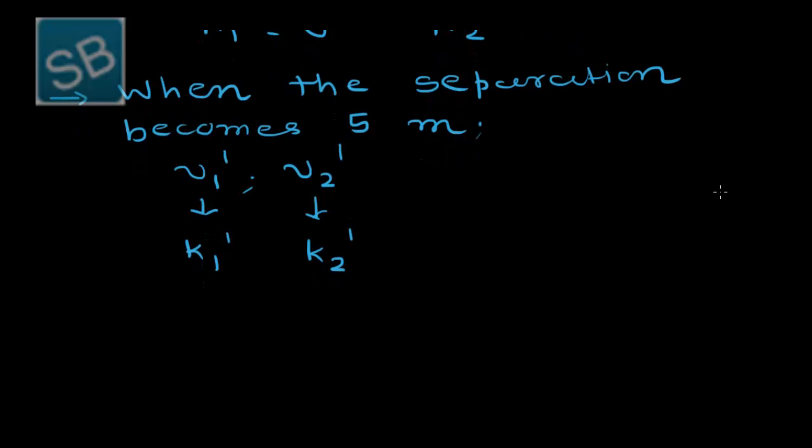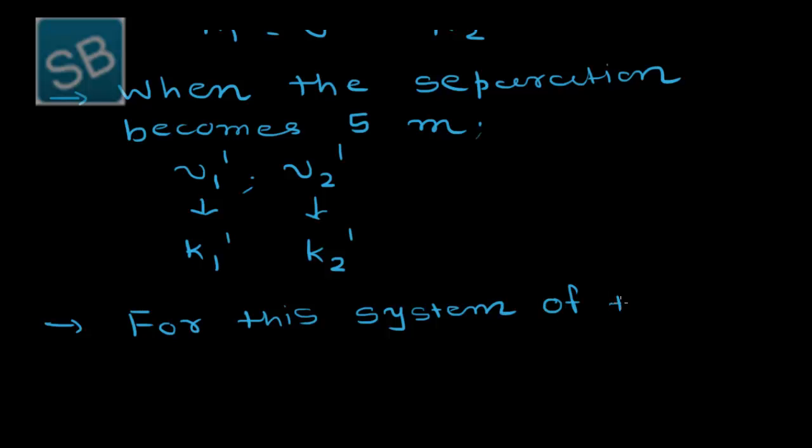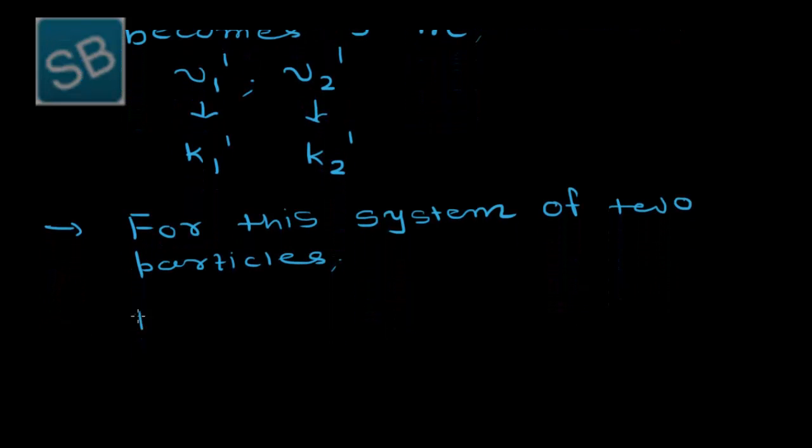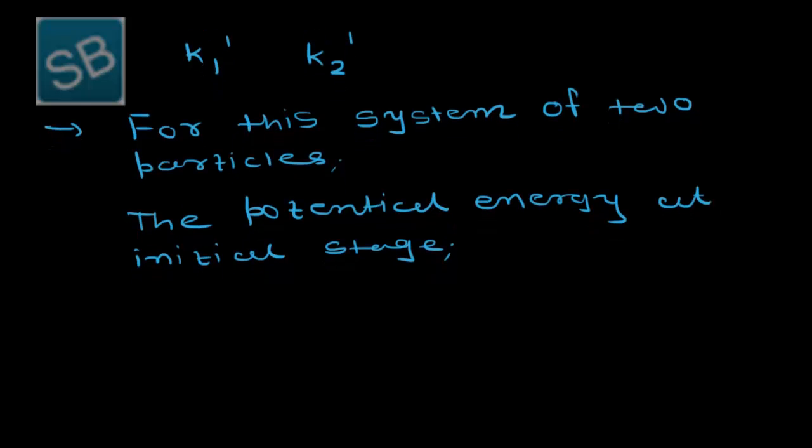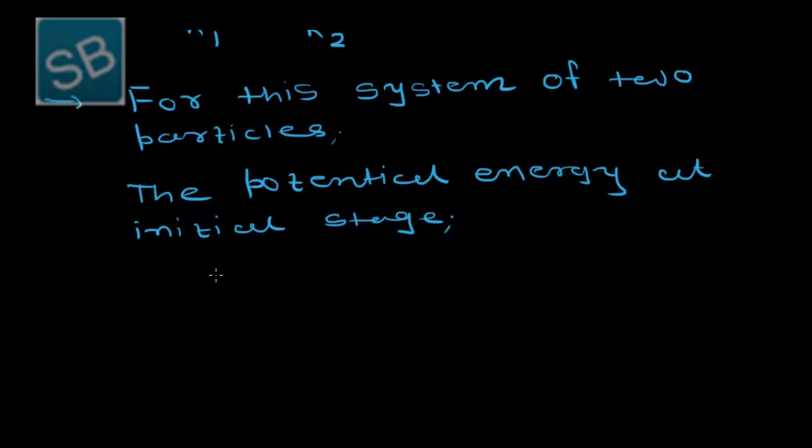For this system of two particles, the potential energy U at the initial stage is given by U is equal to minus G M1 M2 divided by R1.